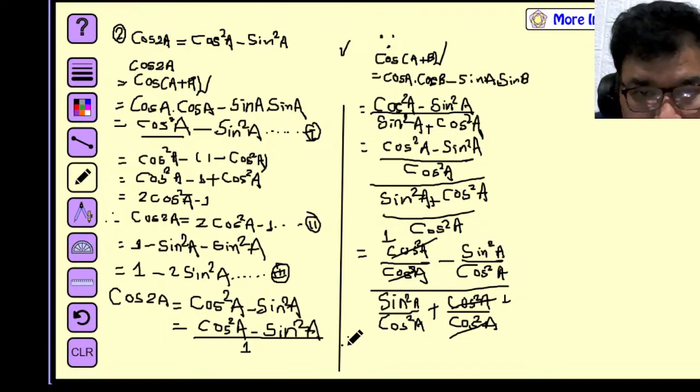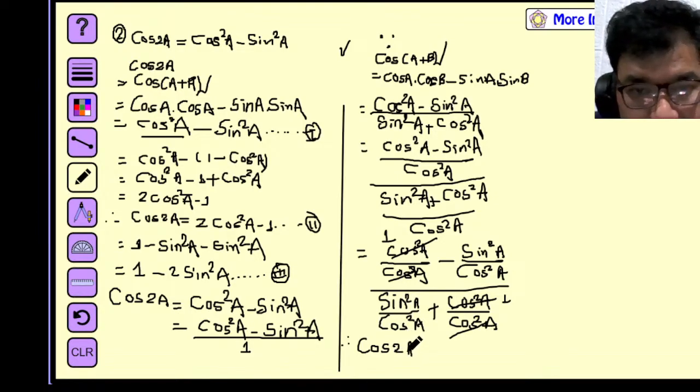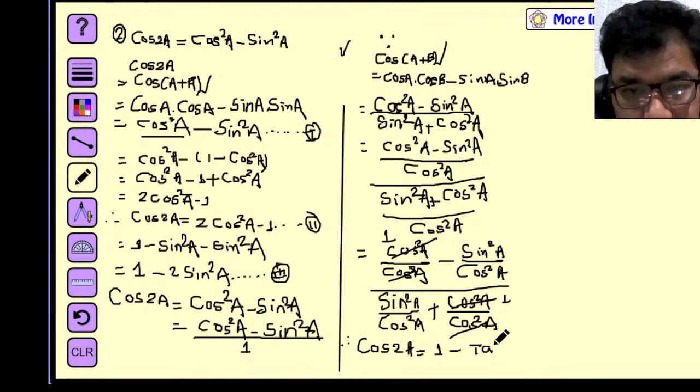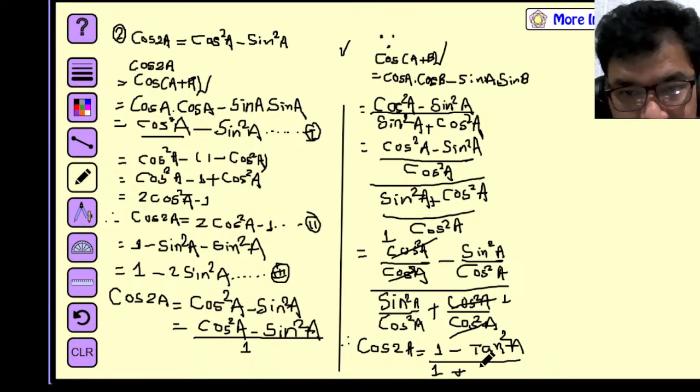That means we got another relation, that is cos 2e. Write cos 2e equals 1 minus tan square e, and the whole upon 1 plus sine square by cos square, which means 1 plus tan square e.